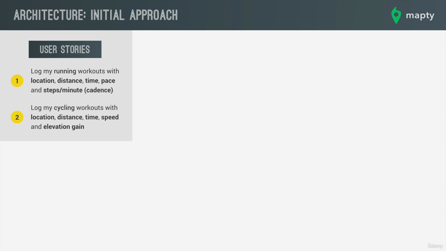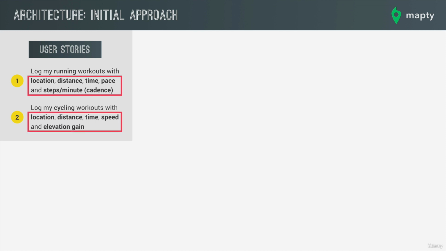Now, in this case, the data that we need to store and to manage comes directly from the user stories. So right in the first user story, we can already see that we will somehow need to store the location, distance, time, pace, and steps per minute. And to fit the second user story, we will have to implement basically the same data.